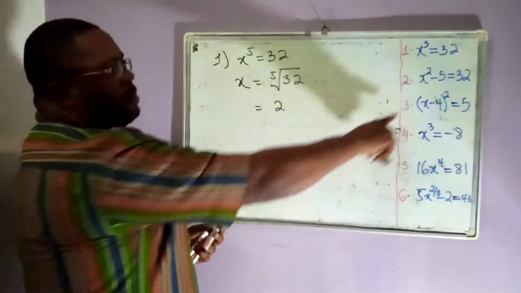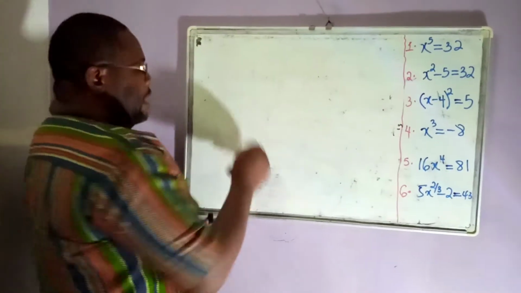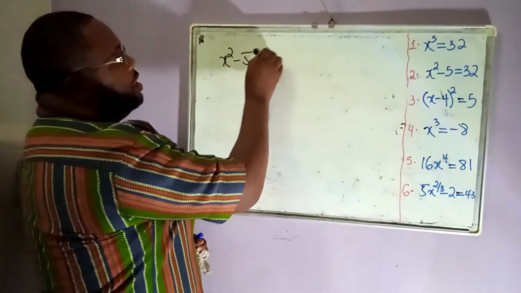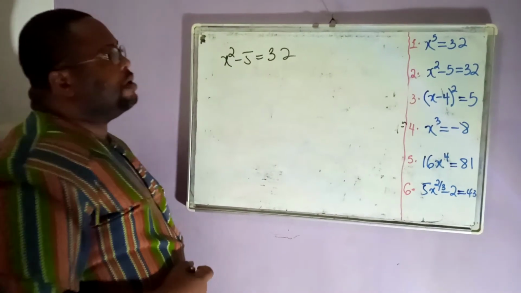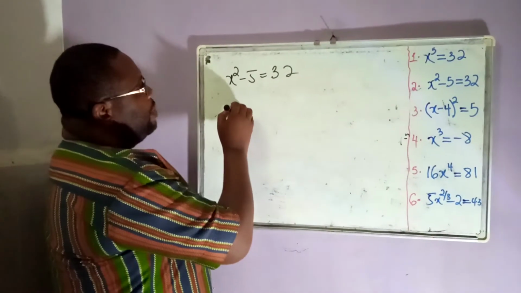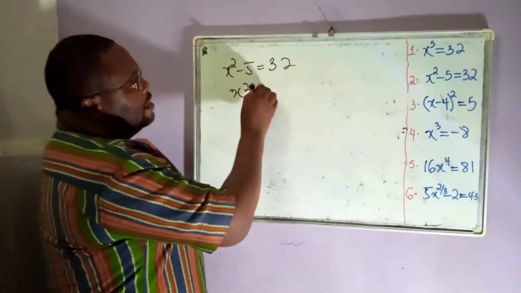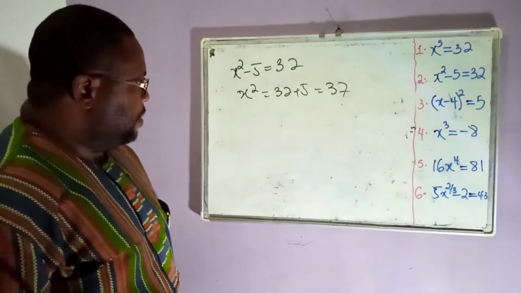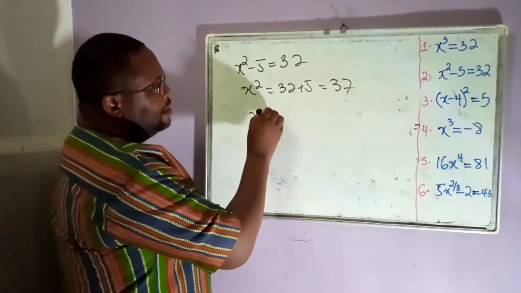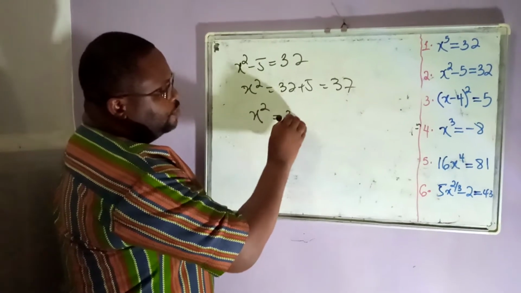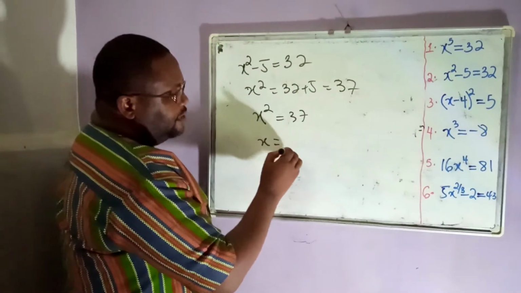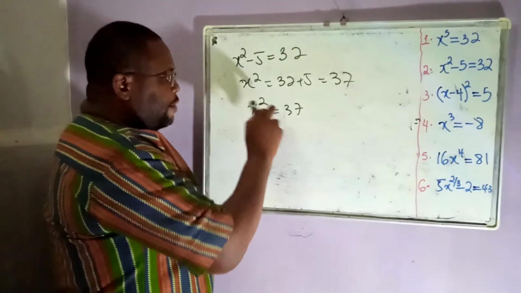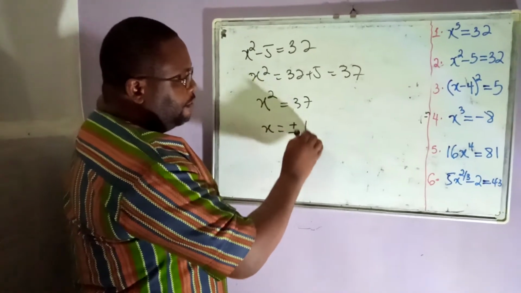Now we go over to problem number 2. It says that x squared minus 5 equals 32. What we have is that x squared equals 32 plus 5, which equals 37. Therefore, x now becomes equal to, because this is squared, an even number, positive or minus the square root of 37.